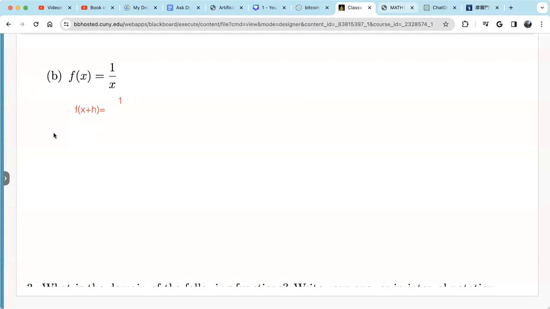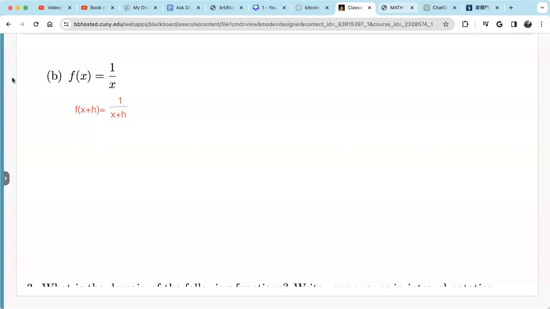What's the input? x plus h. It's better to think the input instead of x, because x is a variable. So f of x plus h equals 1 over x plus h. Because the function is, the input is x, output is 1 over the input. So when the input is x plus h, the output is 1 over x plus h.